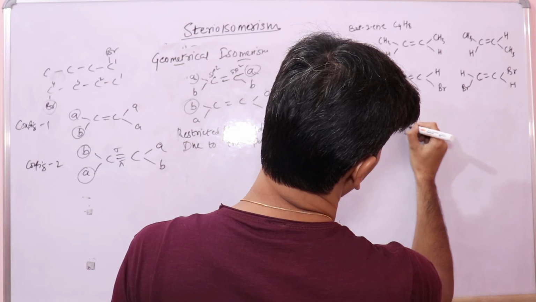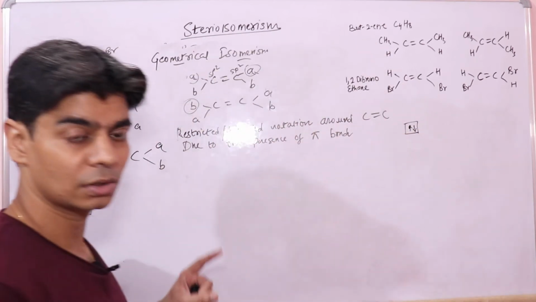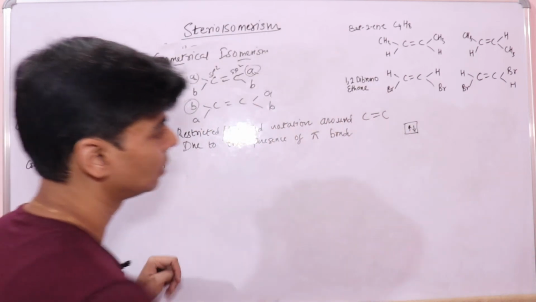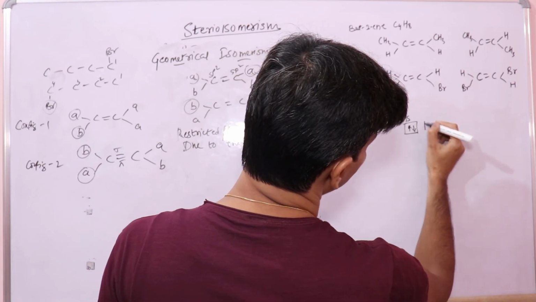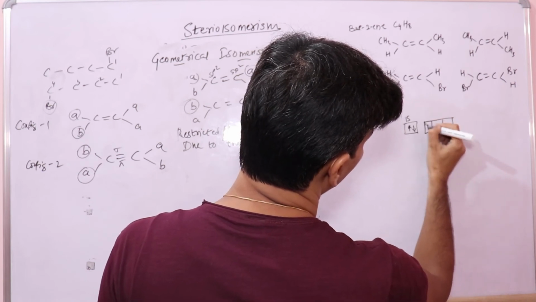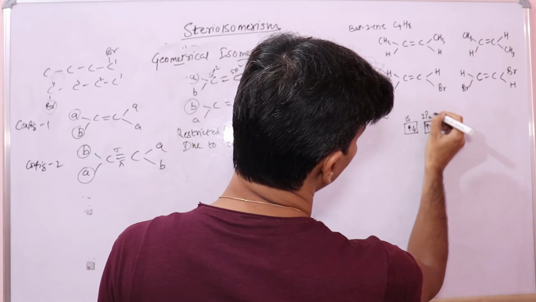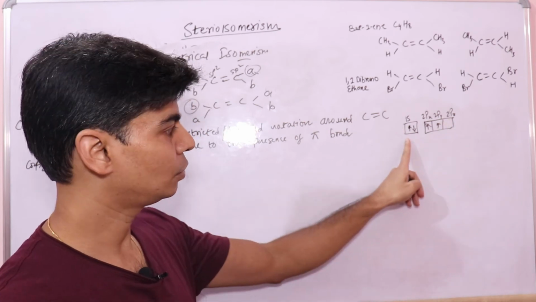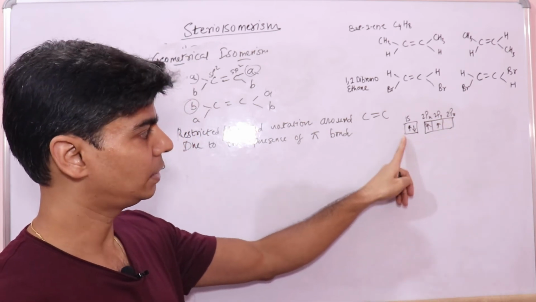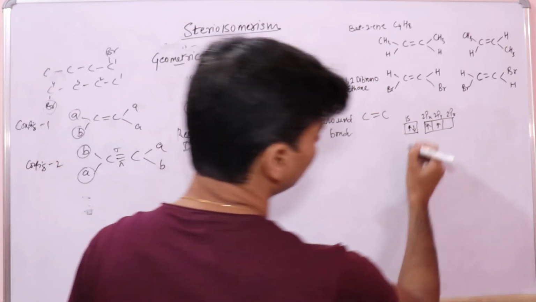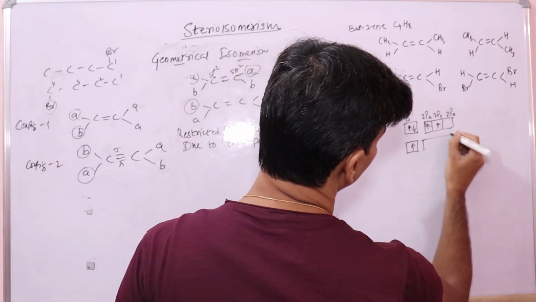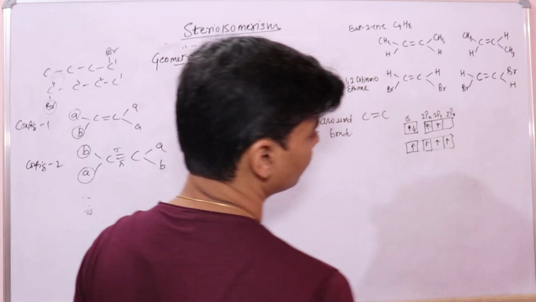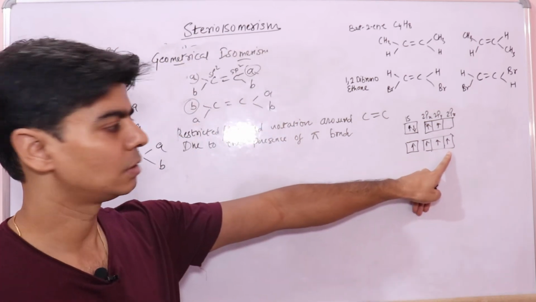Let me write down the electronic configuration of carbon to give you a little background of hybridization. This is your 1s, this is your 2px, 2py and 2pz. 2pz is empty. So in hybridization we have a promotion concept where one electron is promoted from 1s to 2pz. Now we have an electron in the 2pz orbital as well.